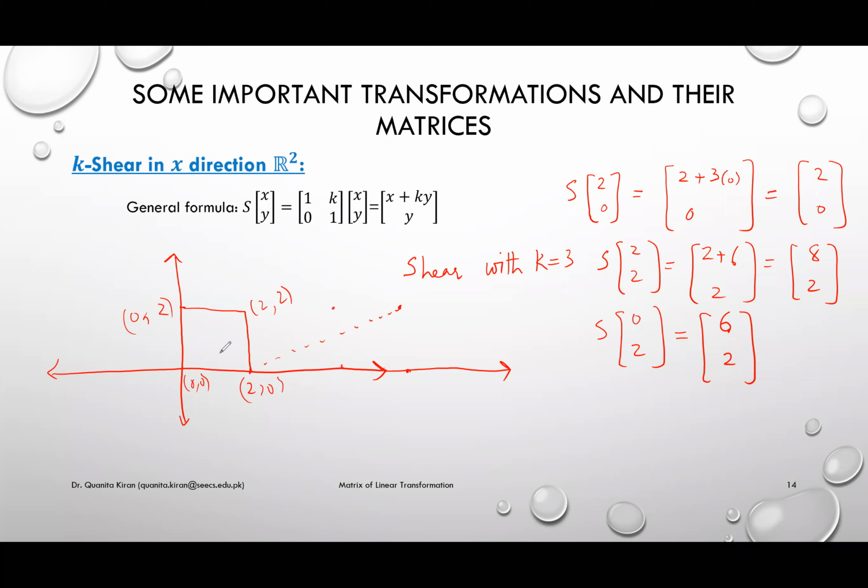So this vector comes to this vector, and this vector comes onto this vector, and this is the sheared square after we apply this shear transformation with k equals 3, and this shear is in the x direction.